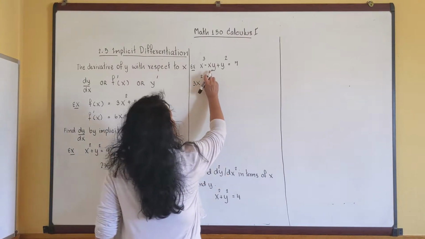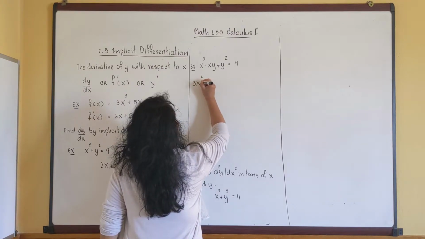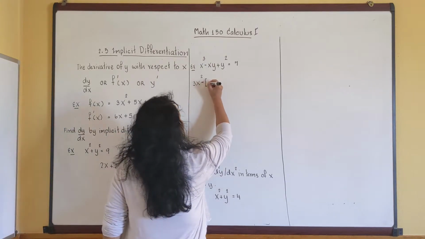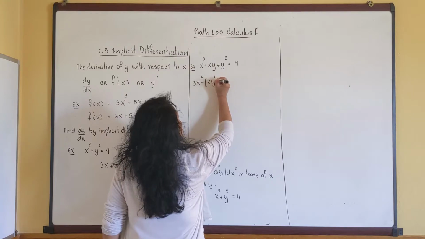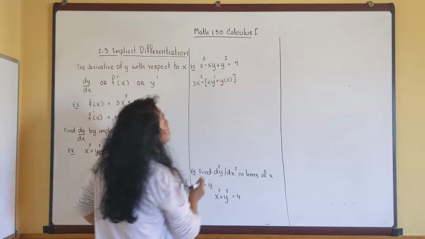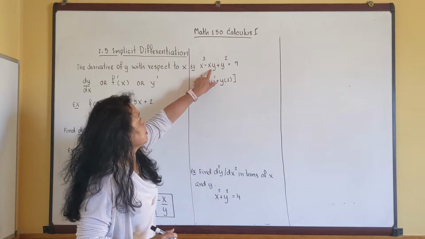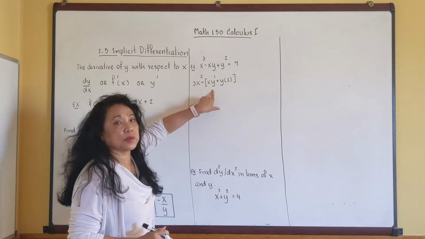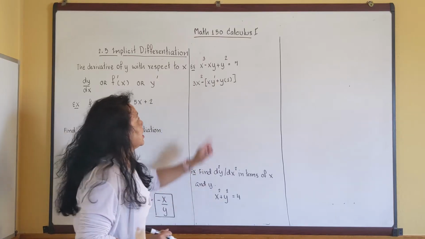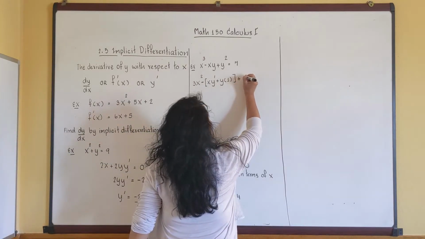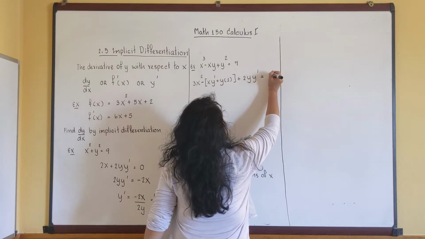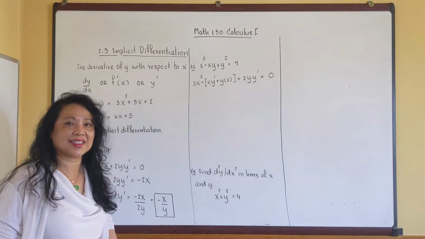So minus, let's put it in brackets here. The product rule says the first times the derivative of the second, plus the second times the derivative of the first. The first times the derivative of the second is just y prime, plus the second times the derivative of the first, which is y times 1. Now the third term is going to be 2y y prime. And the right-hand side would be 0 because it's a constant.